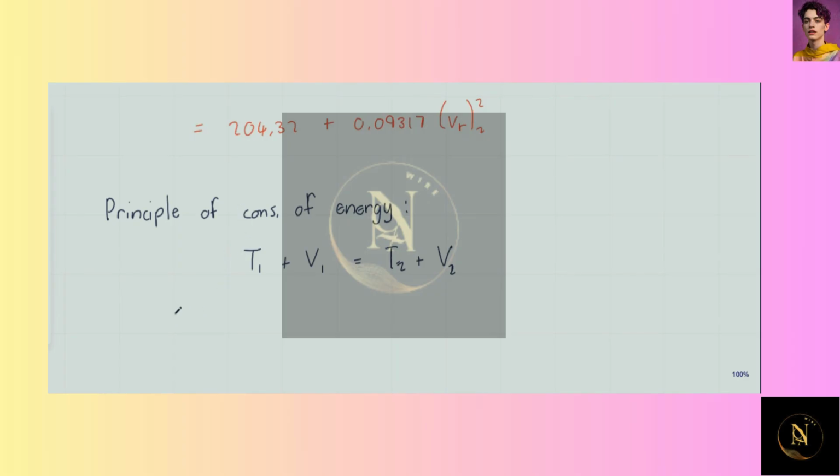So what this tells us is that 78.865, T1, plus V1, which is 160, is equal to 204.32 plus 0.09317 times V_R in position 2, which we wish to calculate, squared, plus 3.91, which is V2.